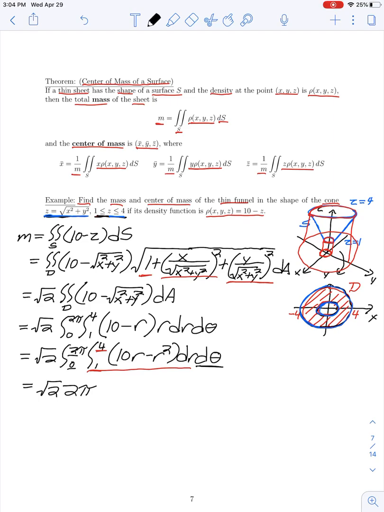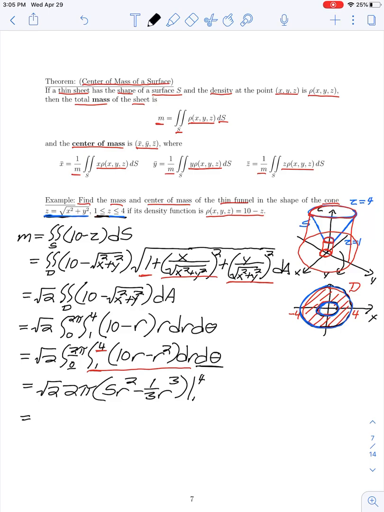So I have the square root of 2 times 2 pi, and then evaluating this r integral, my antiderivative would be 5r squared minus 1/3 r cubed, evaluated from 1 to 4.